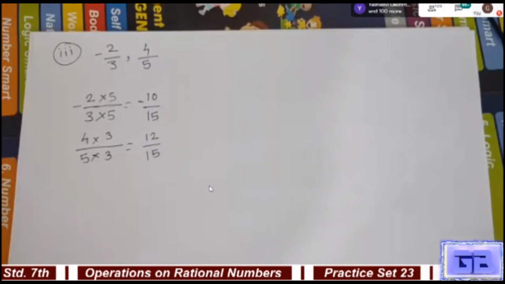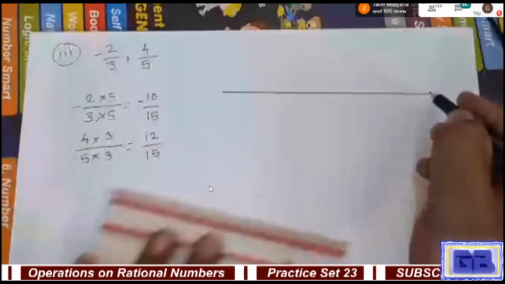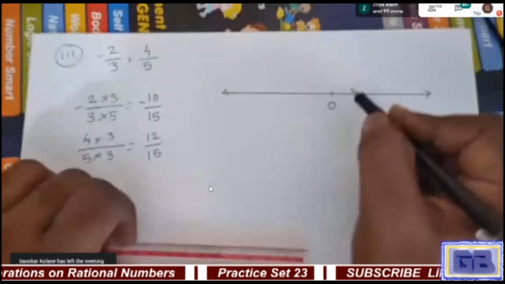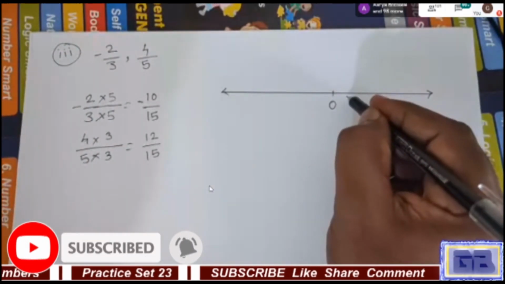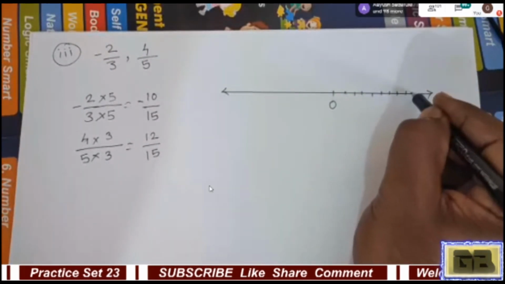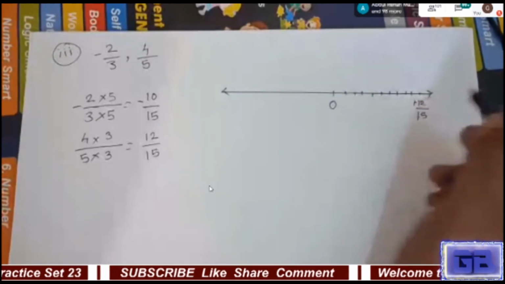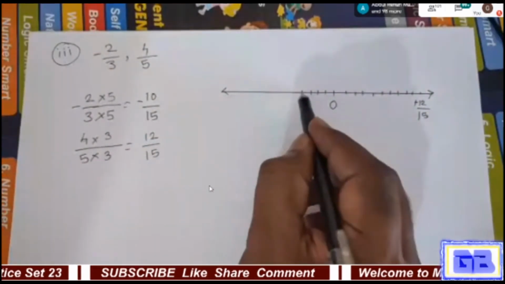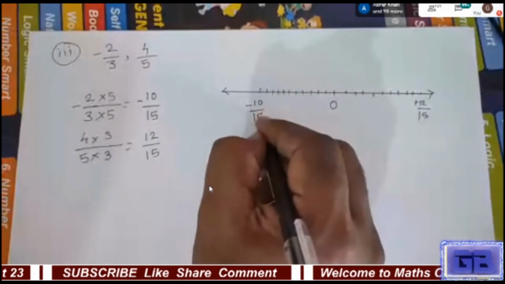It means if we see the number line, if I am taking here 0, then 1 2 3 4 5 6 7 8 9 10 11, here positive 12 upon 15 will come somewhere, and here 1 2 3 4 5 6 7 8 9 10, here negative 10 upon 15 will come.